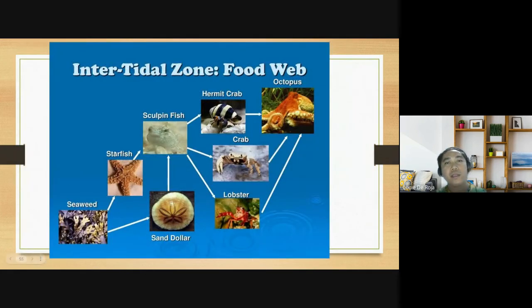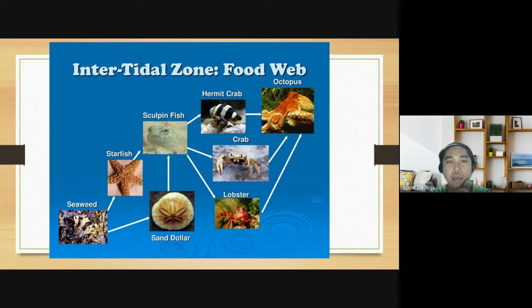Next is intertidal zone food web. Kung meron tayong food chain, meron naman po tayong food web. Bakit ba siya tinawag na food web? Kasi salungat-salungat na siya. Kumbaga dun sa isang animal, pwedeng marami yung kumakain doon. For example, yung sculpin fish.